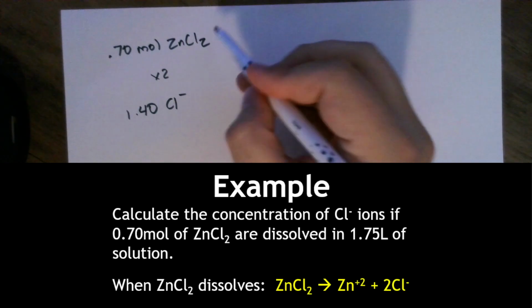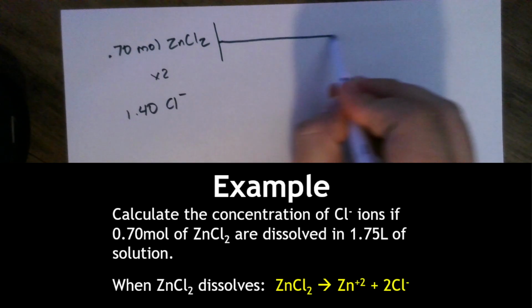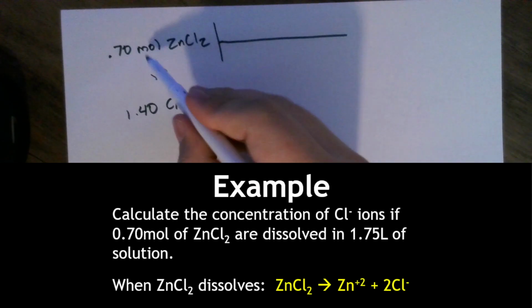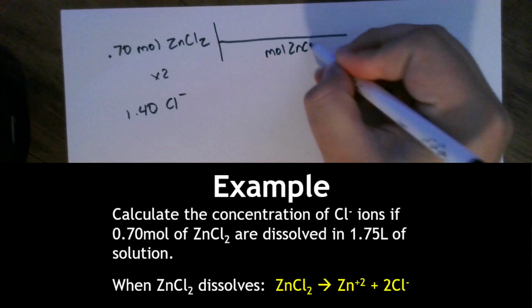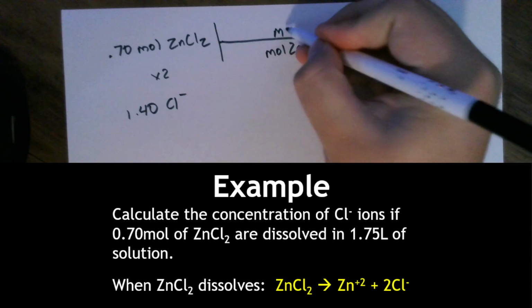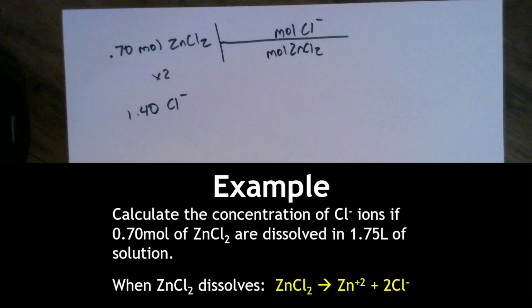But it might make more sense to work out the math. So I could just do a mole to mole ratio here. I have moles of ZnCl2 on bottom, and I want to find out how many moles of Cl minus I have.